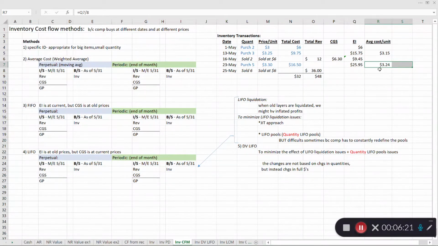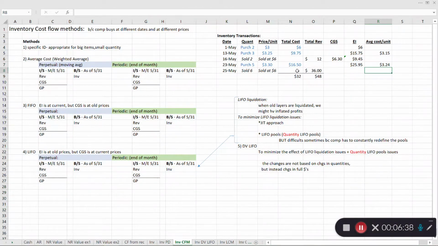Okay? Now, just to refresh here, I divided by 8 because now the ending inventory is made up of these 5 plus 3 out of these 5 from before. 3 because I sold 2 here. All right?